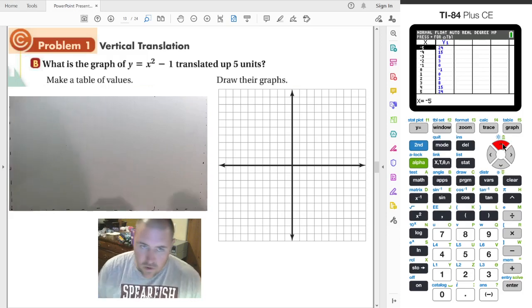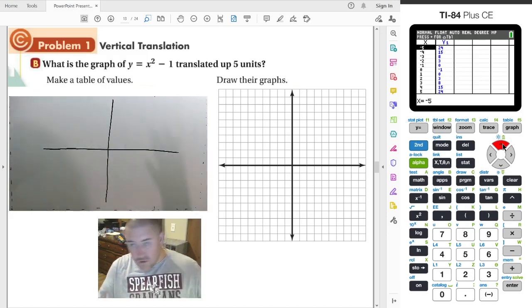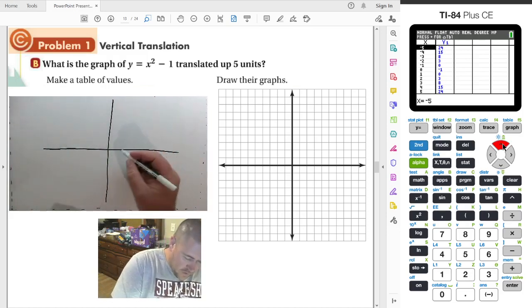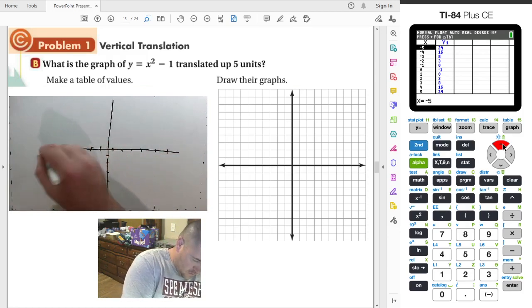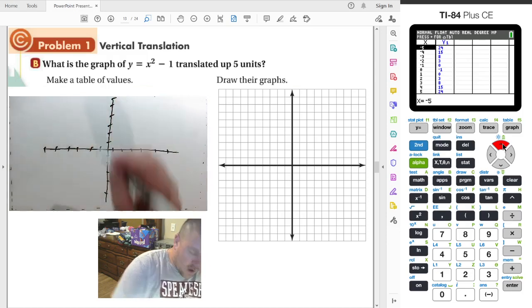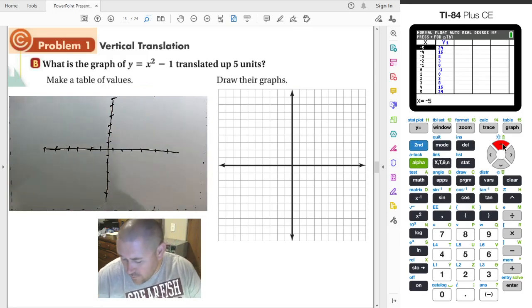Okay? So I hope this is big enough that y'all can see. 1, 2, 3, 4, 5. Don't do this on your assignments. Use graph paper. I'm doing this because all I have at home is a whiteboard. Okay?